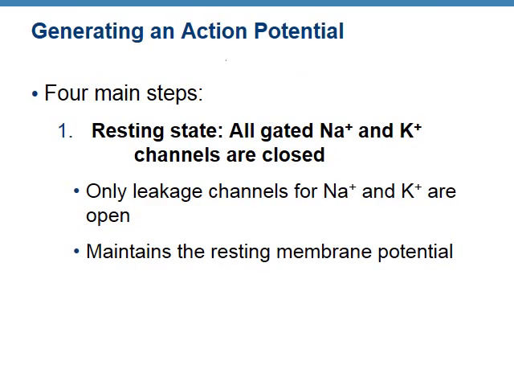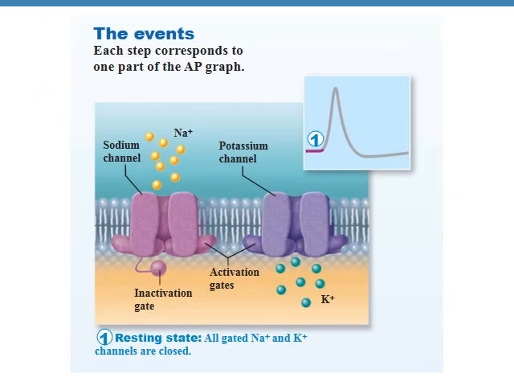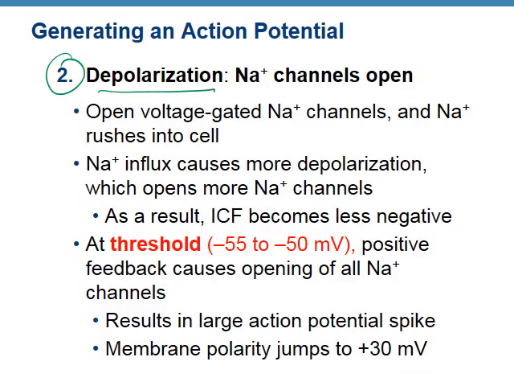Let's look at generating an action potential in a neuron. So in the resting state, we have a resting membrane potential. It's at -70 millivolts. The sodium and the potassium channels are closed. You may have some leakage occurring, but the main gates are closed. Step 2, we have depolarization. All of this should seem familiar to you.